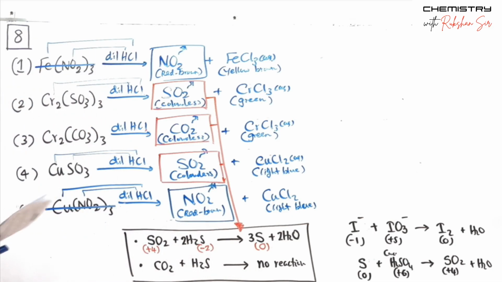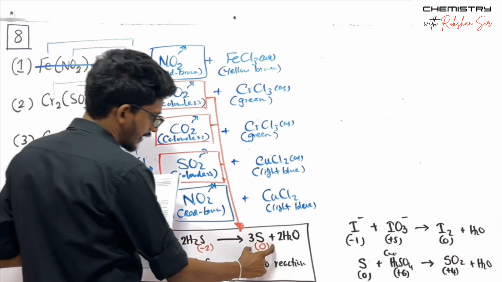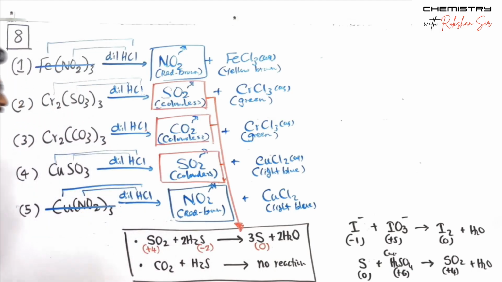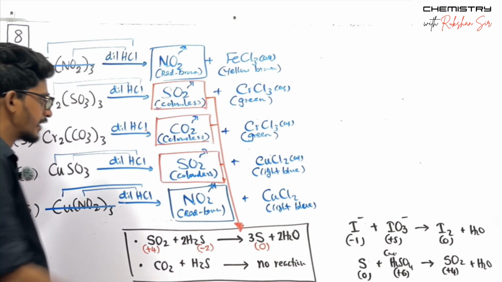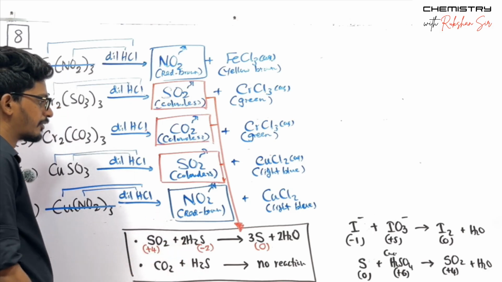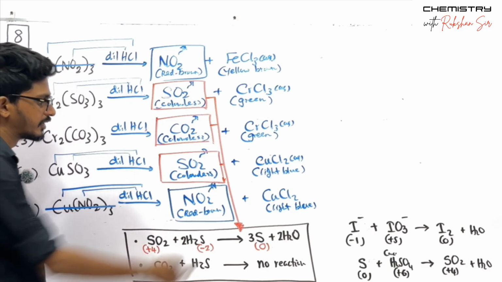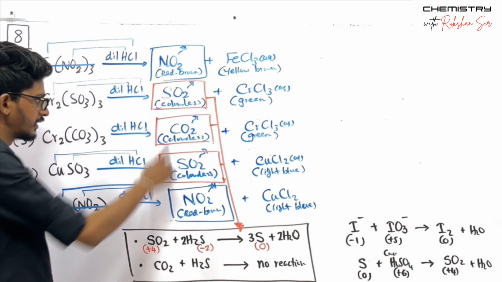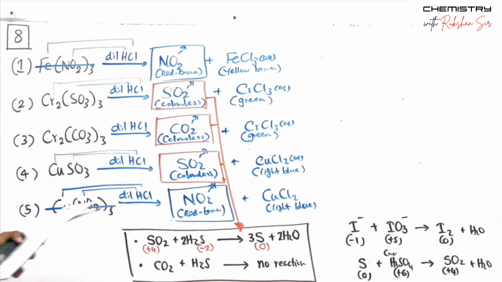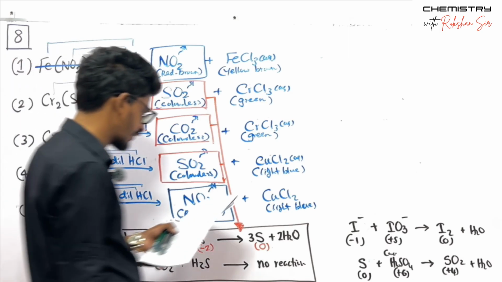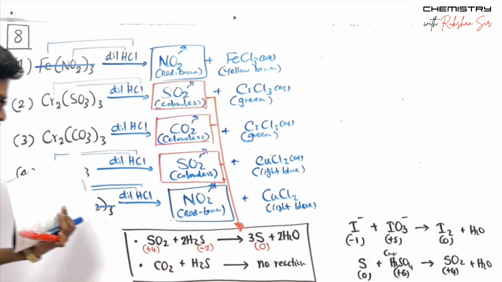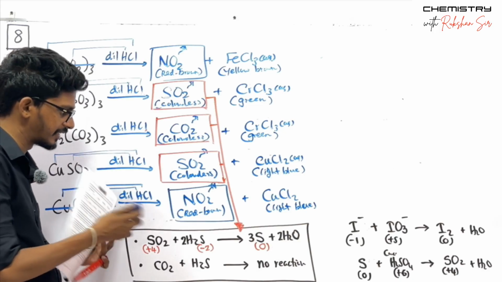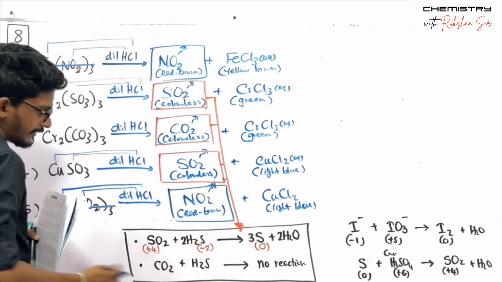SO2 will provide colloidal sulfur if it is bubbled through a H2S solution, not the CO2 gas. So what they are saying is an aqueous solution of this gas so obtained gave a precipitate with H2S. What they are mentioning as precipitate is this colloidal sulfur.